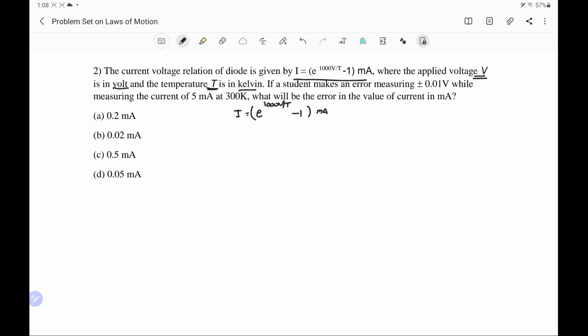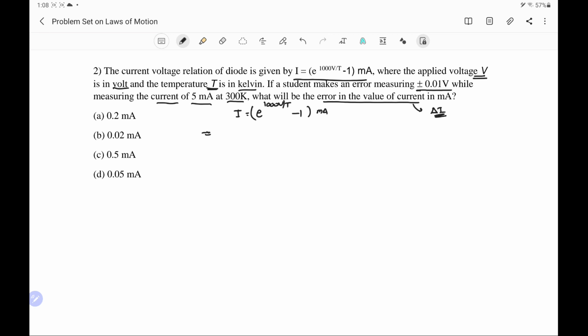If a student makes an error of plus minus 0.01 volt while measuring the current of 5 ampere at 300 Kelvin, what will be the error in measurement of current? That means we have to find delta I.